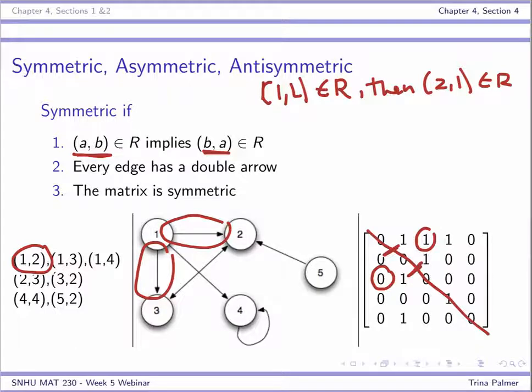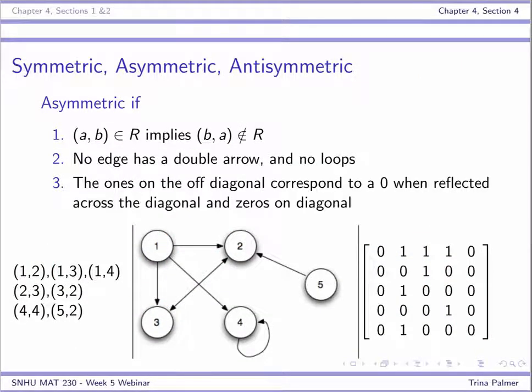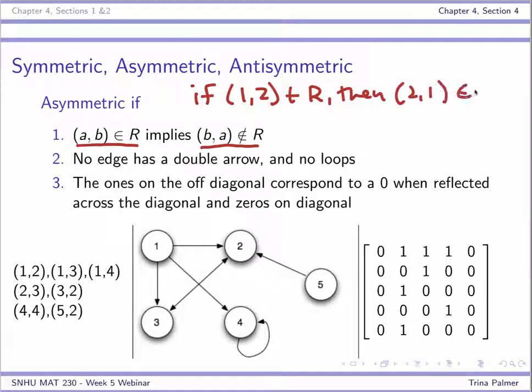Alright, so asymmetric means if AB is in R, then the reverse is not. Think about that last one: if 1, 2 is in my relation, then 2, 1 is not in my relation, and that is true.